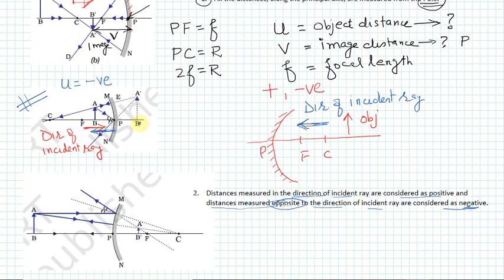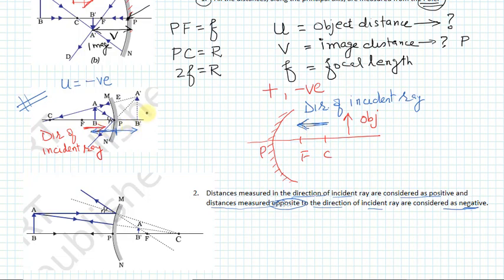Image is A dash B dash. So image distance will be measured as PB dash, again starting from P, which is our origin pole, going towards B dash, the image. Now the incident ray is also going in the same direction. Incident ray will remain the same. Whatever the object was initially, and the ray going from there towards the mirror, that is the direction of the incident ray and that will always remain the same.